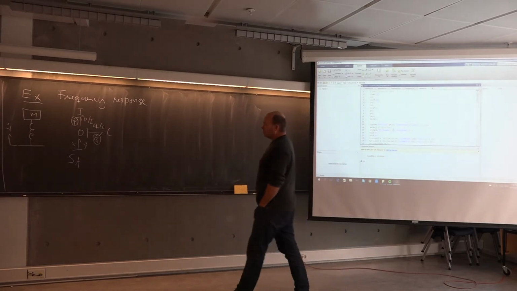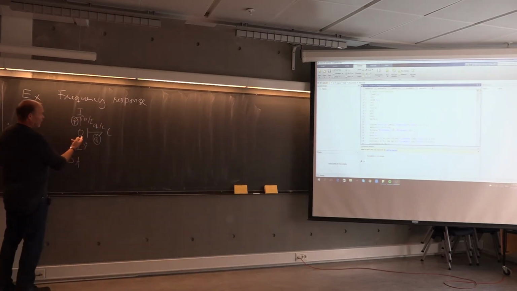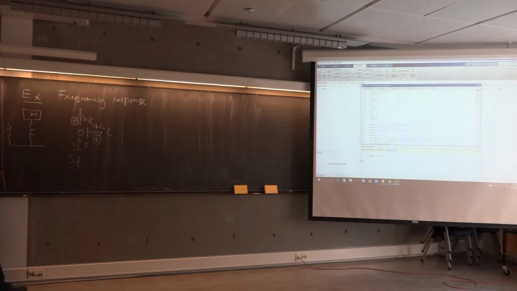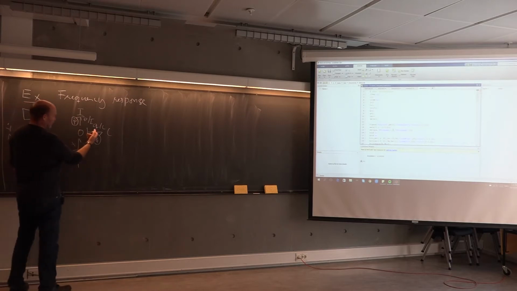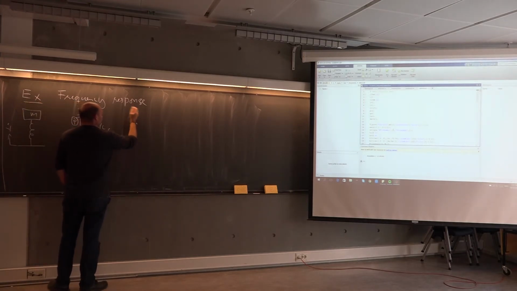Where are the equations? Well, we have a common effort, so the force is the same all over the place here. The only force that I have is q over C, which has to equal p dot. So that's one equation.